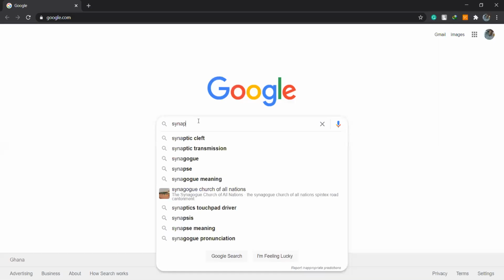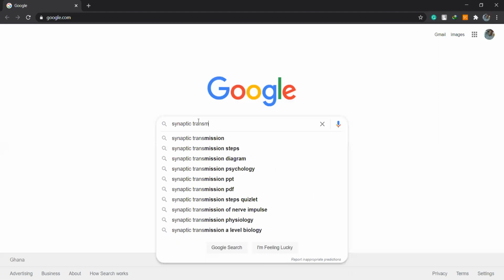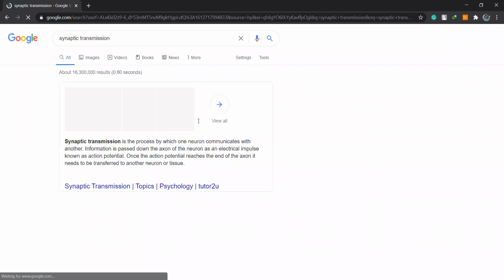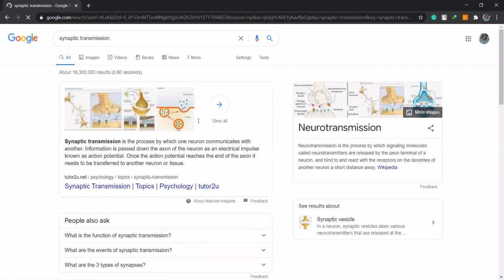All right, Rashida, your hand is up. Yes, please. I wanted to ask that with the relative refractory period, can we say that it happens when there is enough stimulation to get an action potential during the resting potential? Yes, so that's why I said the cell is in a hyperpolarized stage.